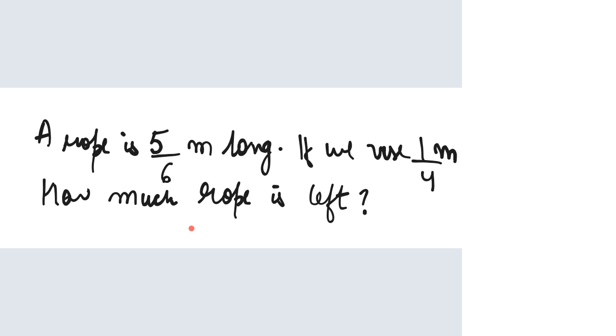Ma'am, 7 by 12 meters of rope. 7 by 12 meters of rope is left? Yeah, okay.